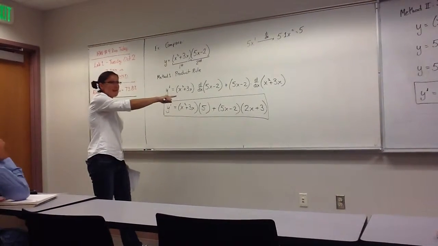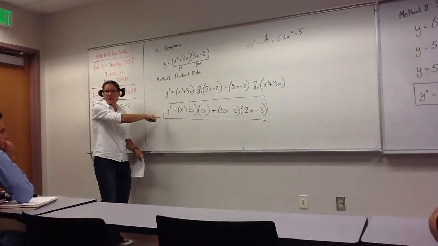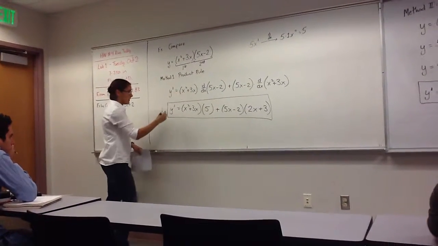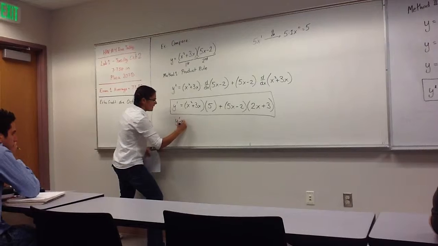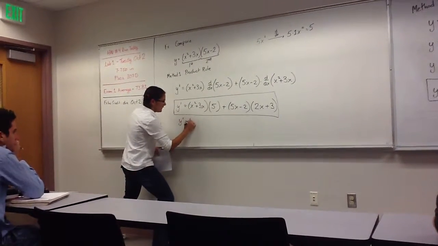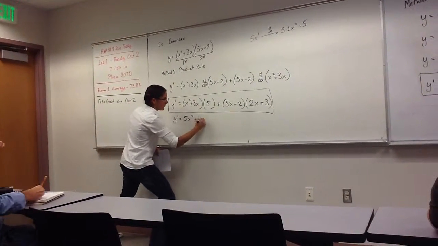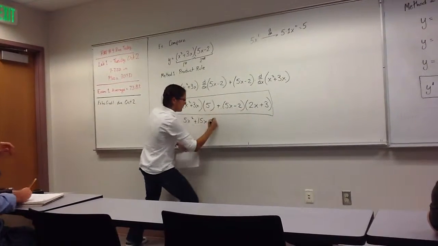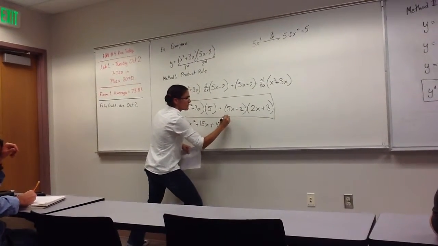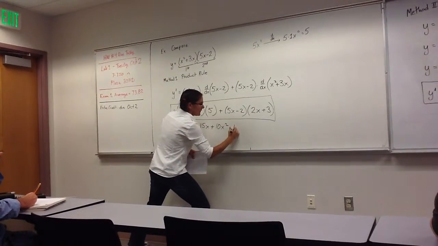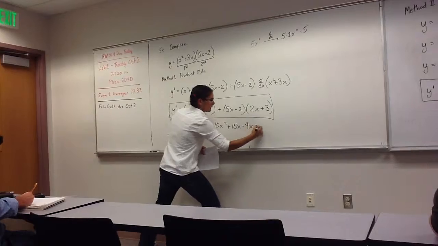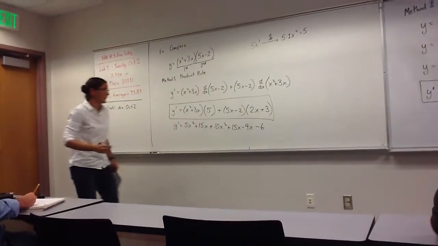Now these don't look exactly the same. I mean, here I'd have to simplify this a little bit to convince myself that it was in fact the same as over there. So if we simplify this first method, we have 5x squared plus 15x plus 10x squared plus 15x minus 4x minus 6.